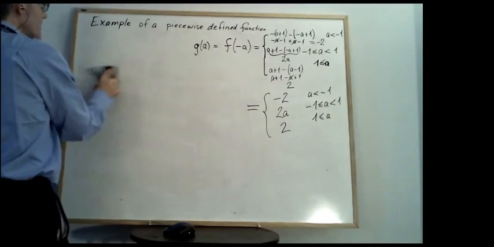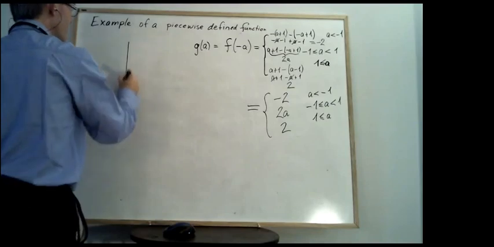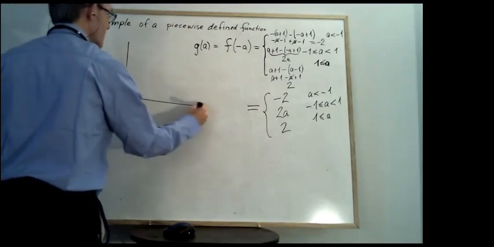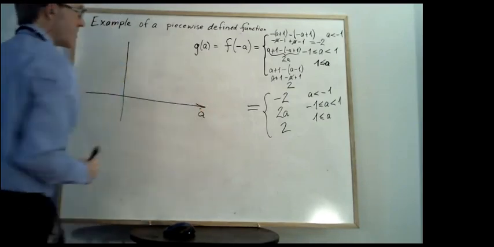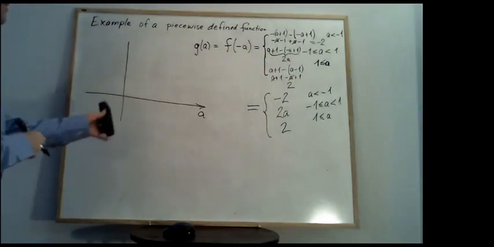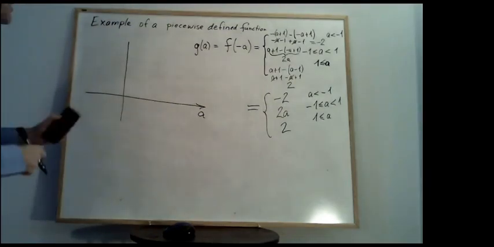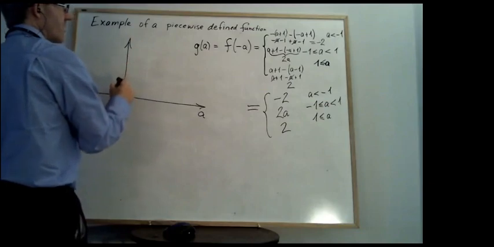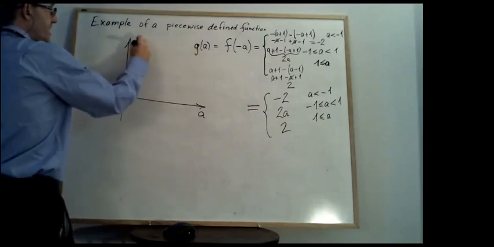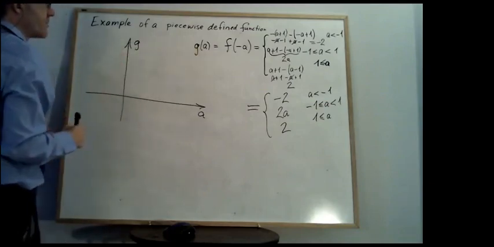So I'm still thinking of a as the x value, so I plot that along the x-axis. Like that. So a is going along the x-axis, and my function g is on the y-axis, so I'll write it like that.